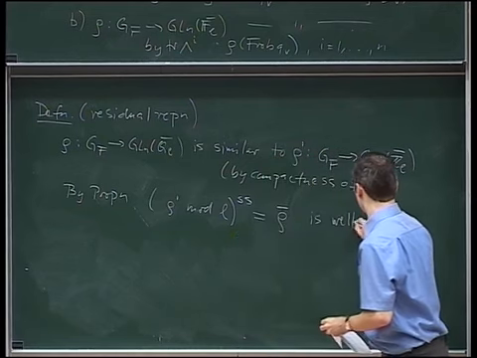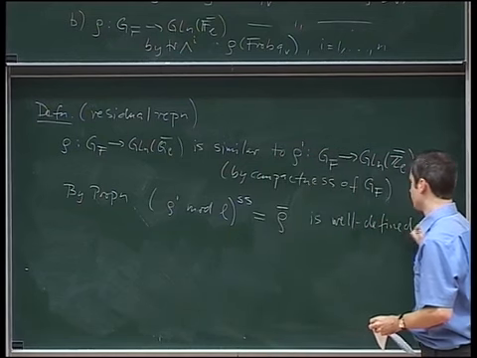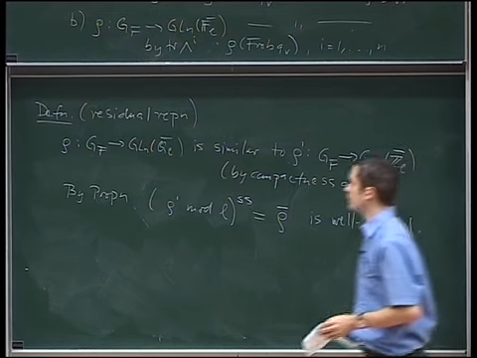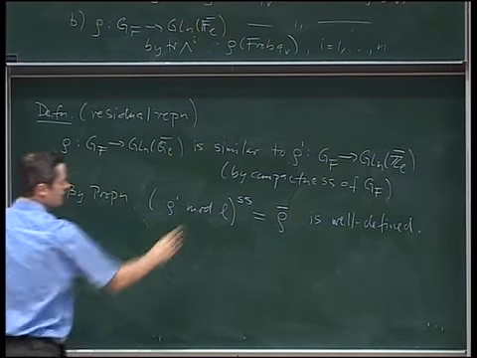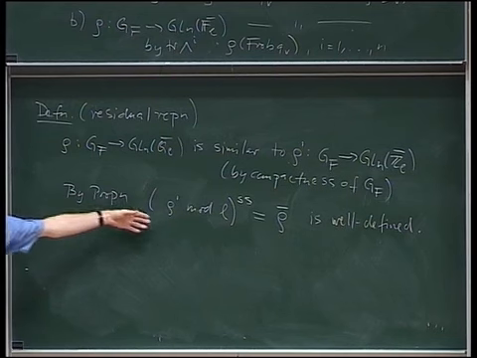So given an L-adic representation rho, I will denote this mod L representation here by rho bar.